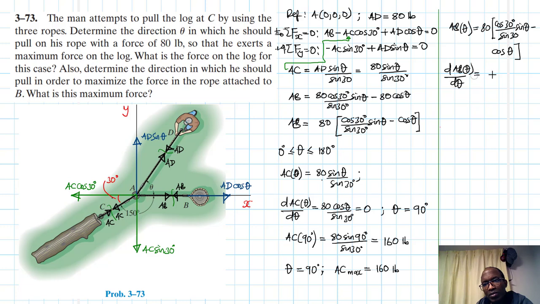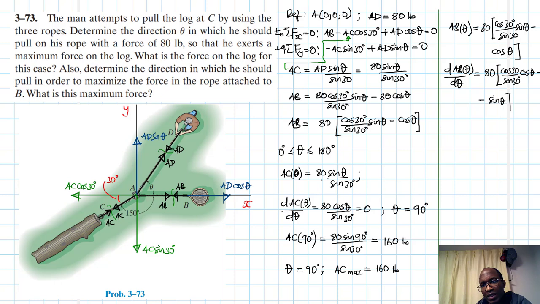So if we are to work this out, the derivative of AB with respect to theta is just going to be equal to 80. Then cos 30 divided by sine 30 is just a constant. Sine becomes cos theta, then minus, and cos theta becomes minus sine theta.